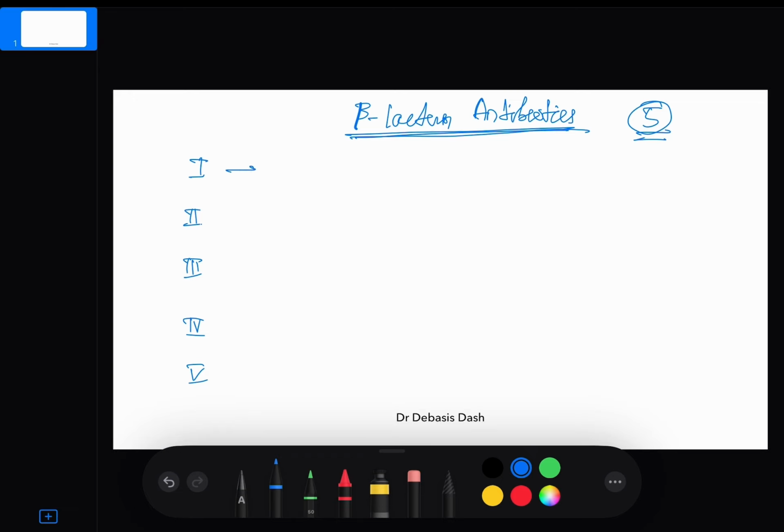Class 1 includes the penicillin group. The second class includes the cephalosporin. We know about the cephalosporin; they are further classified into 5 classes of cephalosporin: 1, 2, 3, 4, 5.